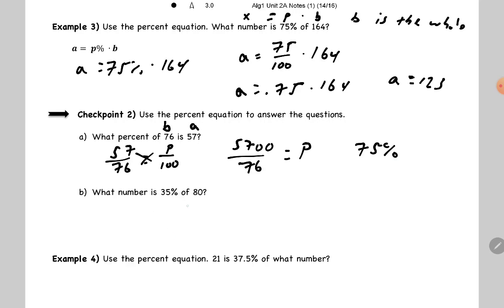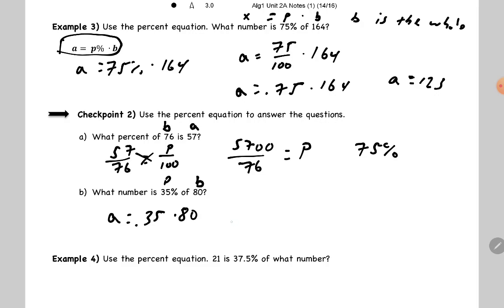Here we go. What number is 35% of 80? Okay, so here's our formula here. This is B, this is P, so A equals, so we're going to change the percent into decimal just by moving it 2 to the left, times 80.